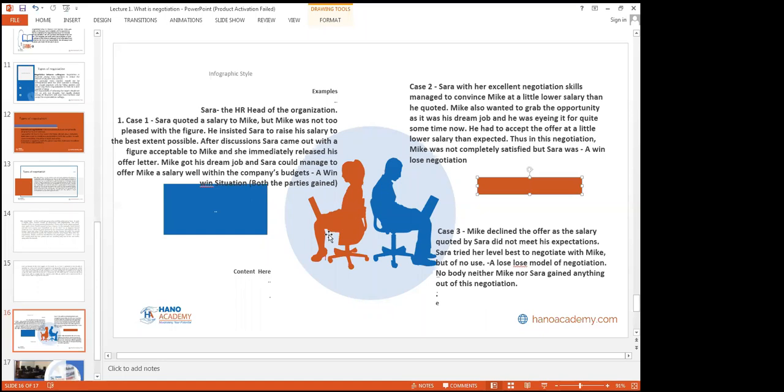So it's very important that you master these issues keenly, so that you don't become a victim of circumstances during the process. You don't lose every time you are at the negotiating table.